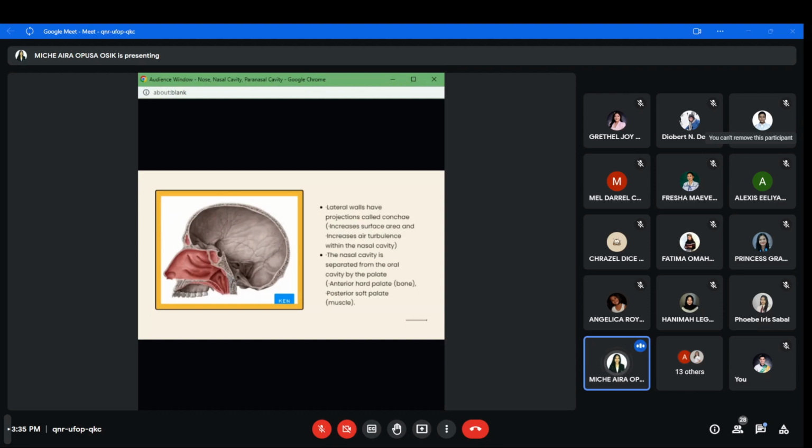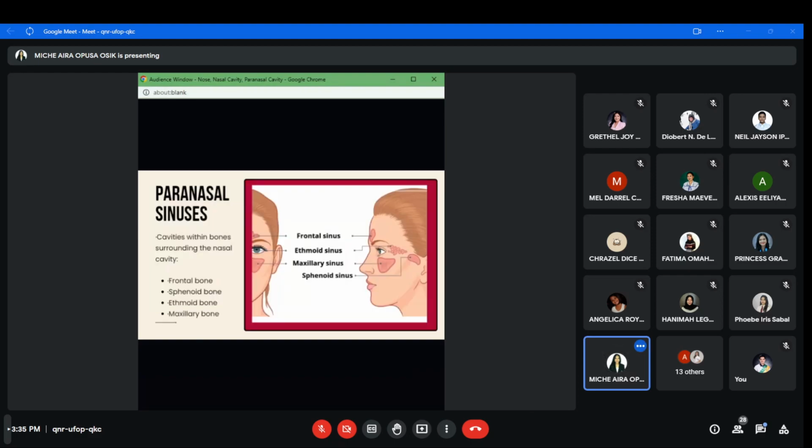The nasal cavity is separated from the oral cavity by the palate, which is the anterior hard palate, the bone, and the posterior soft palate, which is the muscles. The most important functions of the nasal cavity include warming and humidifying the air as you breathe and acting as a barrier for the immune system to keep harmful microbes from entering the body.